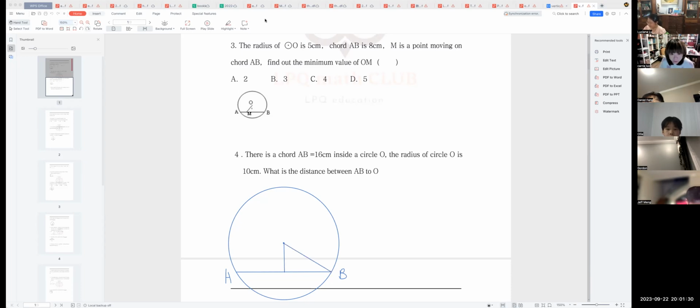Okay, now let's look. This is circle O, this is 10 centimeters, and this one is 16 centimeters. Okay, everybody? So obviously they want to find out what OC equals, right? So the distance.